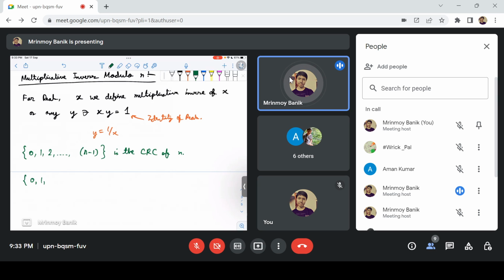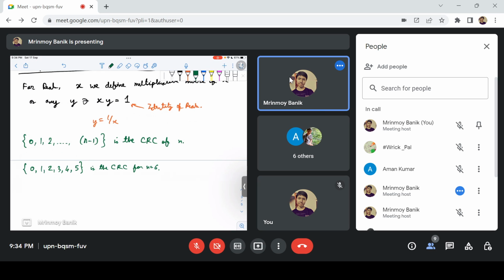For n equal to, say, 6, we have 1, 2, 3, 4, 5 as the CRC for n equals 6. Now let's take x as 2. So can you find the y for this x such that xy gives remainder 1 mod 6?